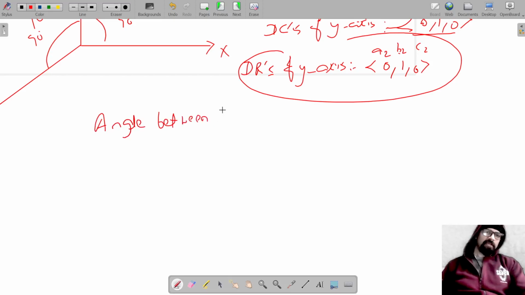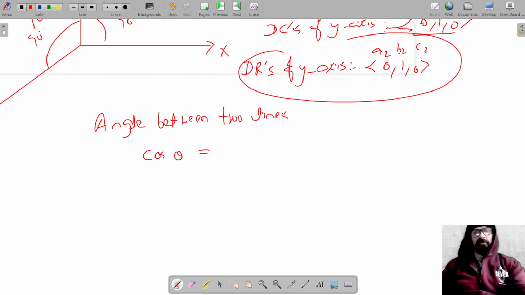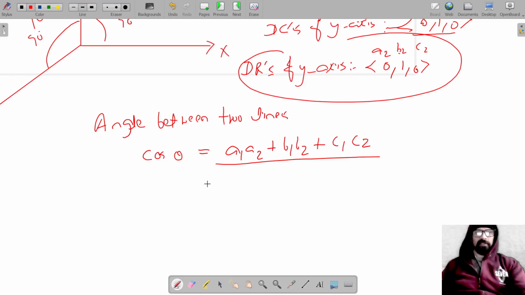The angle between the two lines, the given line and the y-axis, let's say cos theta, is given by the formula: a1 into a2 plus b1 into b2 plus c1 into c2, divided by the square root of the sum of the squares of the direction ratios of the first line, into the square root of the sum of the squares of the direction ratios of the second line.